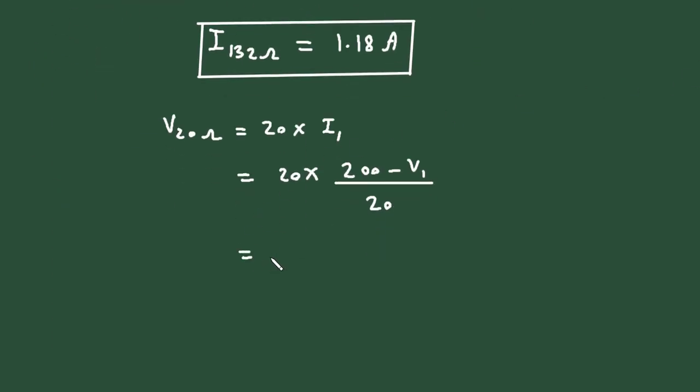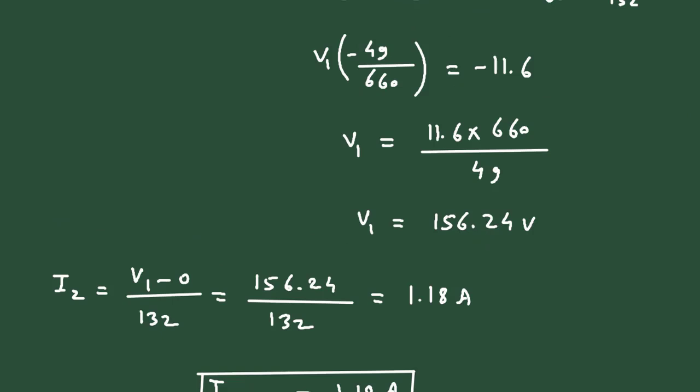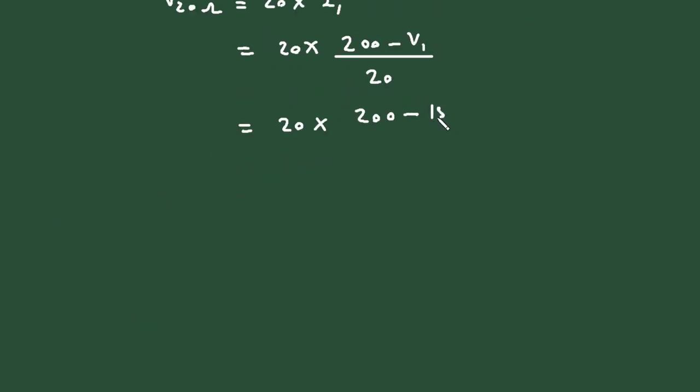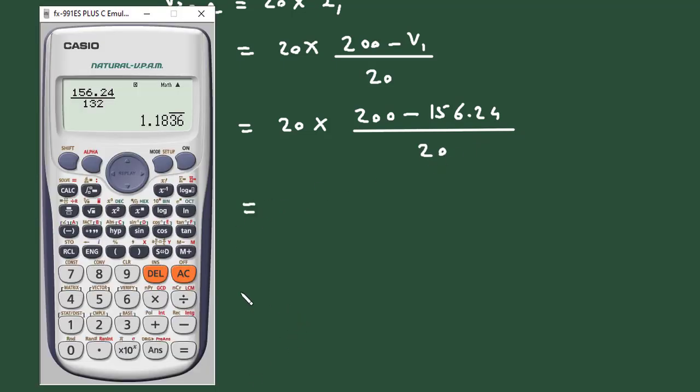So this will be 20 multiplied by 200 minus the value of V1, which is 156.24, divided by 20.